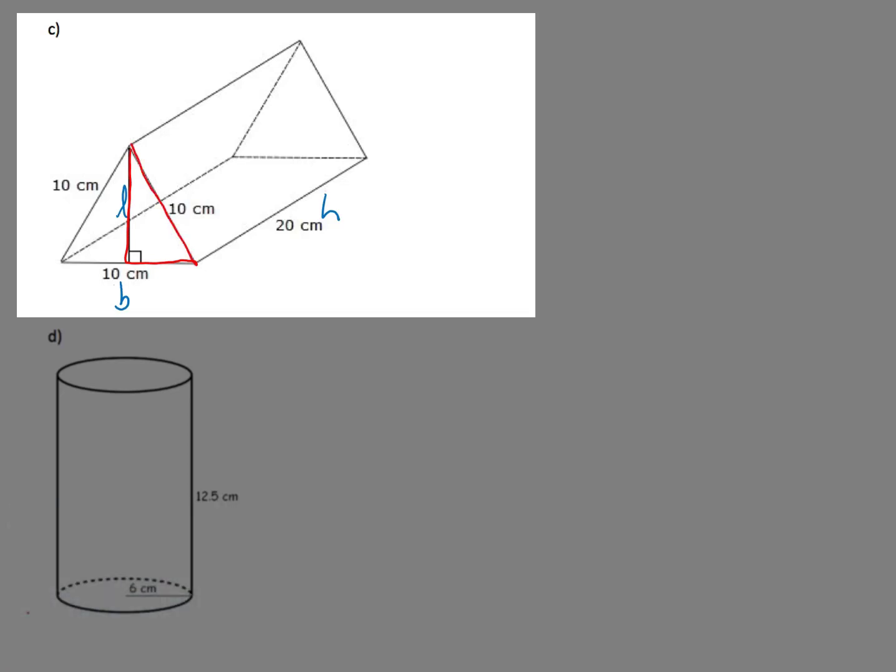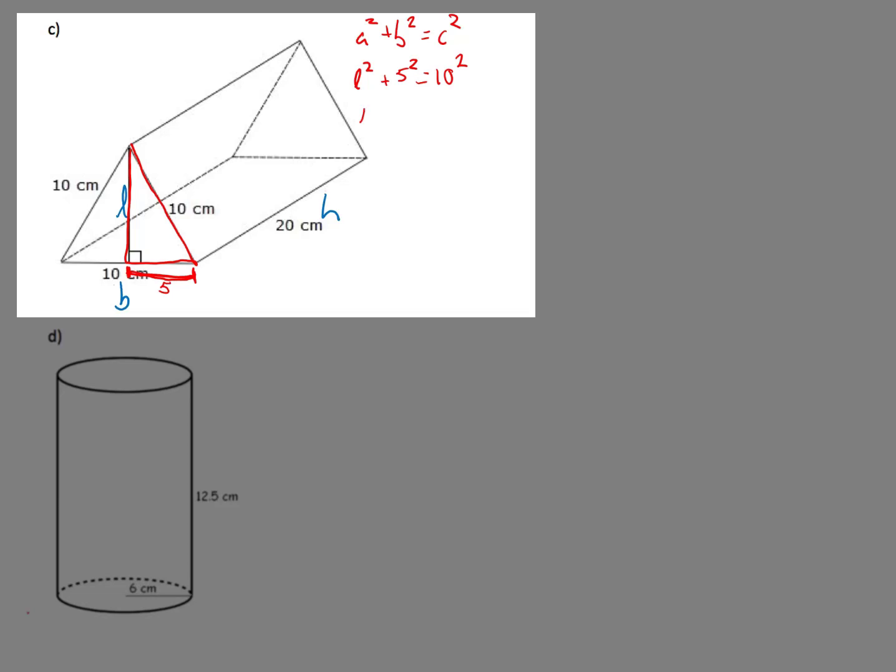Well, we need to figure out the height of this triangle, and in order to do that, first we need to determine what this length is down here in red. It's exactly half of our base, so it should only be 5 here. Now that we know that, we can use the Pythagorean Theorem to solve for our unknown. In this case, we have L squared plus 5 squared equals 10 squared.